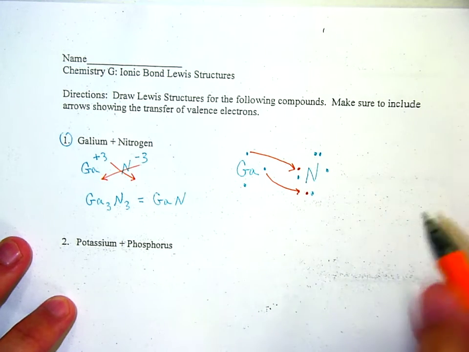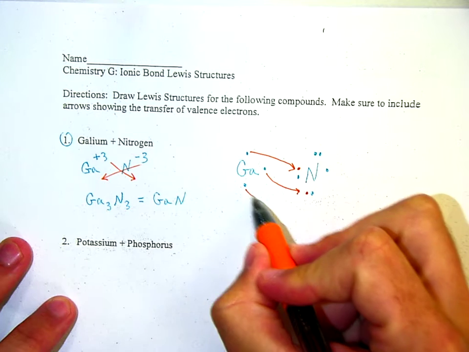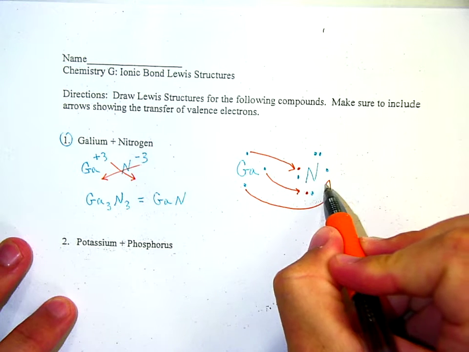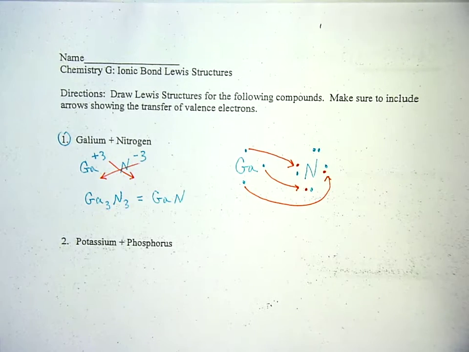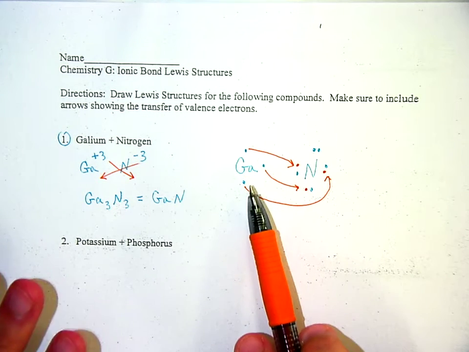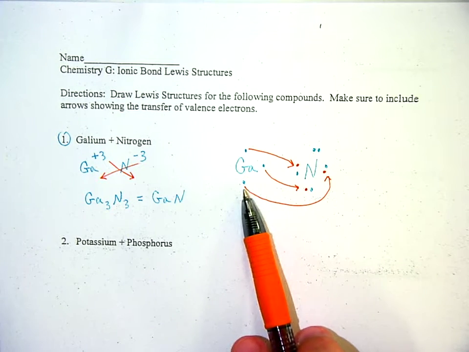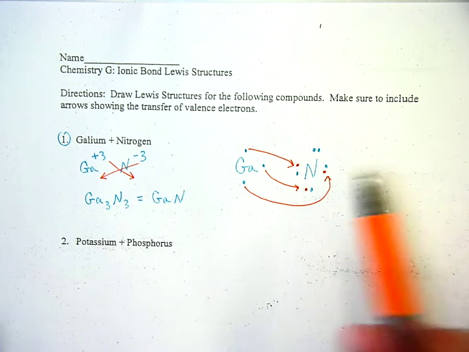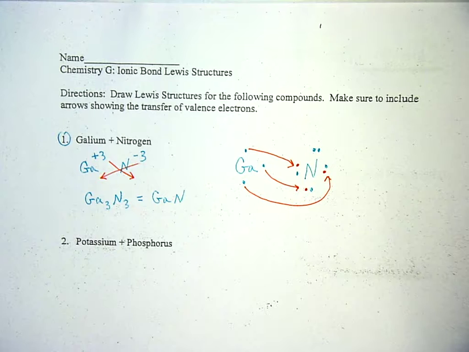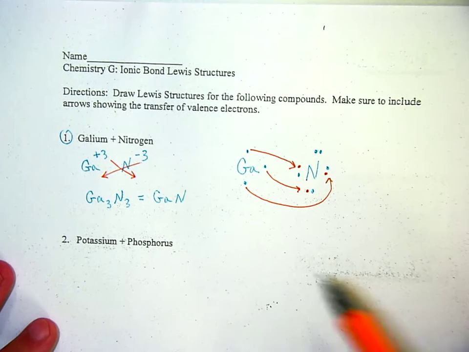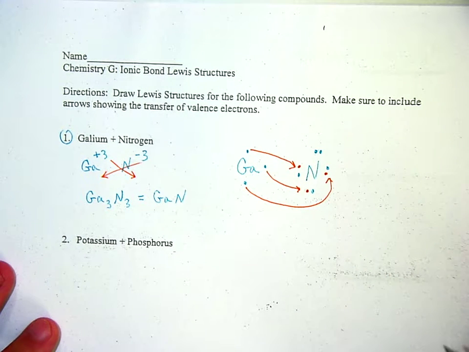Now it has 7. And this very last electron will get transferred all the way over to this side, where it now has 8. So this bond becomes stable. Gallium got rid of all 3 of its valence electrons, while nitrogen had 5 and was able to gain 3 more, so it has 8. So that's an example of how to draw a Lewis dot structure.